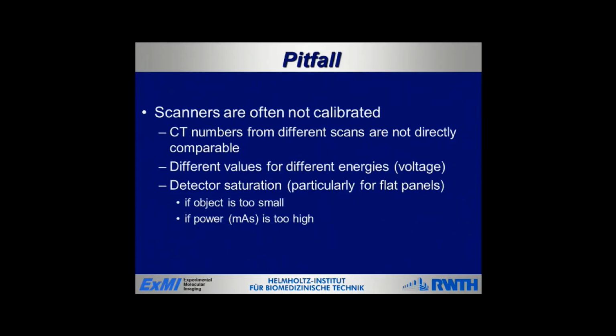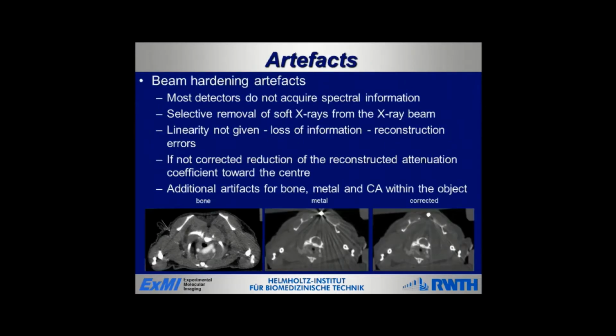You may also consider that if the object is very small or if the power is too high, you may have a saturation at the detector, which is particularly true for flat panels, which can strongly influence the linear relation between absorption and density of the object.